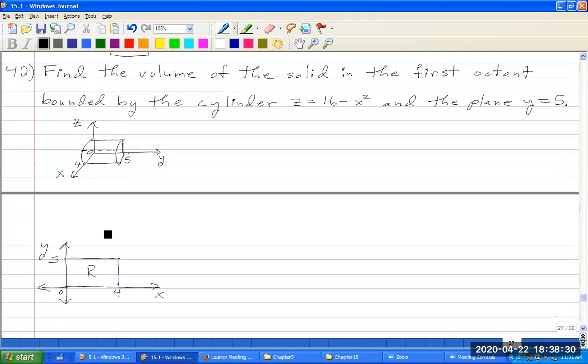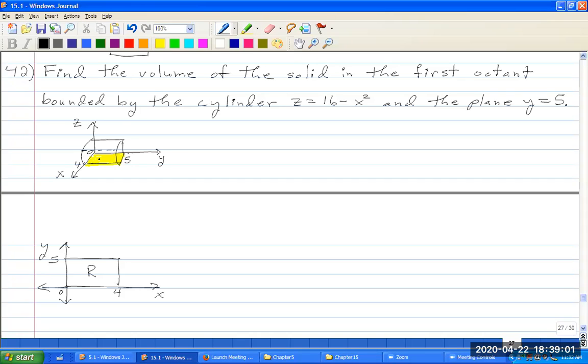So if I look here at the bottom, I don't know if I can do this, but let's see. That's going to be a little big. Okay, so it's this region here. That doesn't look too bad.